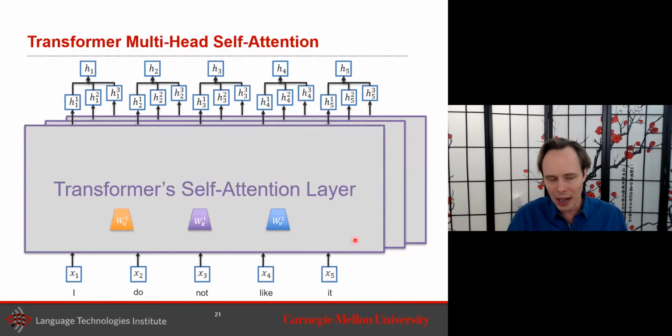And the intuition is simple: now I don't have only one way to contextualize my word. So I will contextualize my word I, maybe by looking at negation, and that's one way I will contextualize. Or I could contextualize it by looking at lexical disambiguation or co-reference.